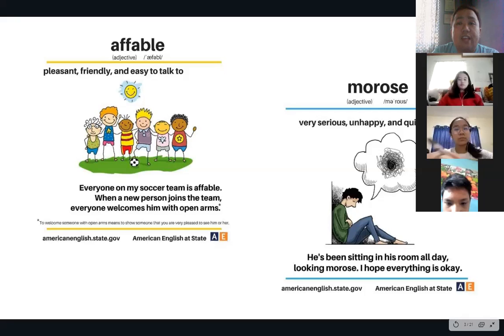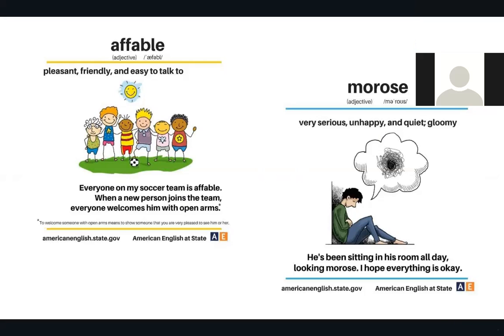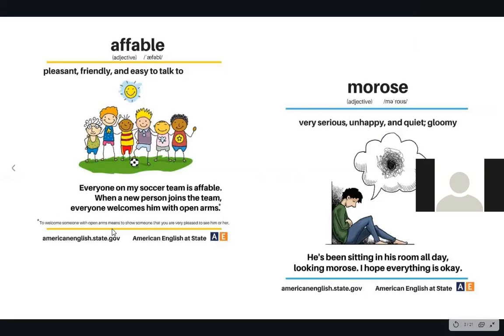The next word in our list is morose. Morose is very serious, unhappy, quiet, and gloomy. It's also an adjective, the opposite of affable. Madalas natin sinasabi the morose are the persons na parang mga emo on the late 90s and early 2000s. Sila yung mga taong emo kung tawagin.